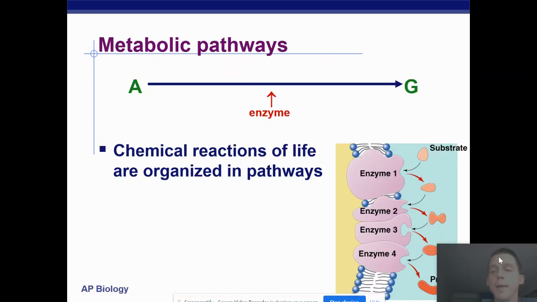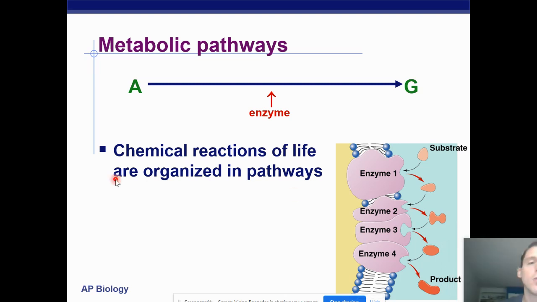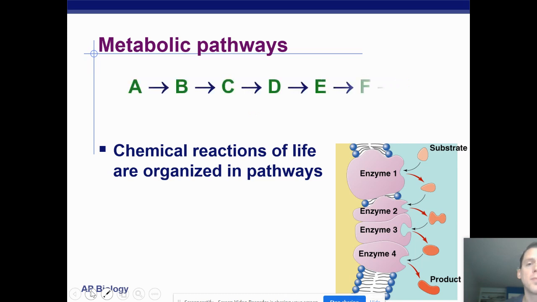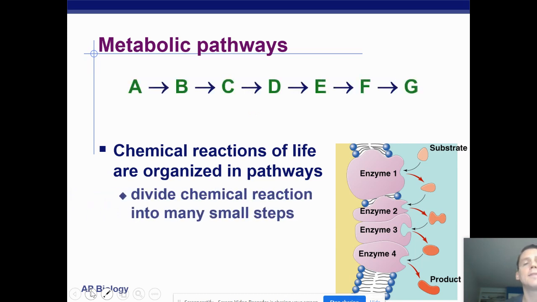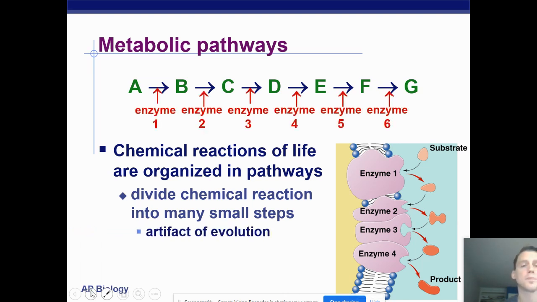We also have metabolic pathways. If we want to take a certain molecule and change it into another molecule, we may need a number of enzymes to do that. So we may need enzymes to undergo each of these steps. Look at all those enzymes. If we divide that chemical reaction into many small steps, it becomes easier to regulate.